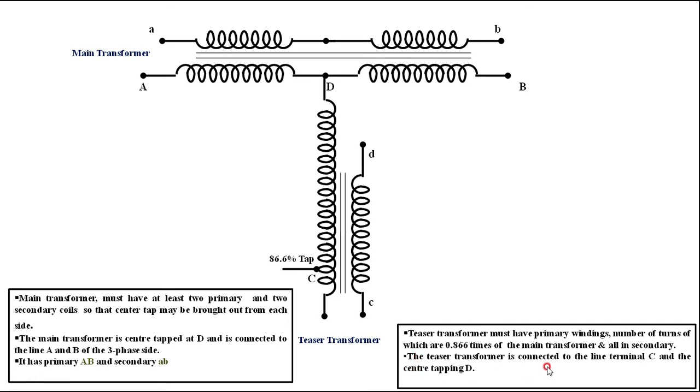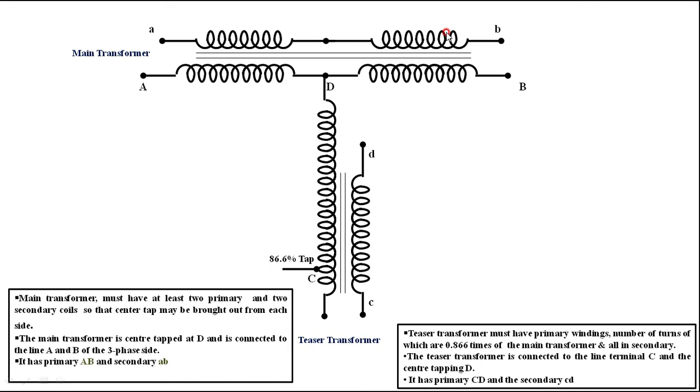The teaser transformer is connected to the line terminal C and the center tapping D. That is, it is connected between C and D at the center tapping. The primary winding of the teaser transformer is CD, and the secondary winding of the teaser transformer is small cd. AB is the primary winding of the main transformer, CD is the primary winding of the teaser transformer.